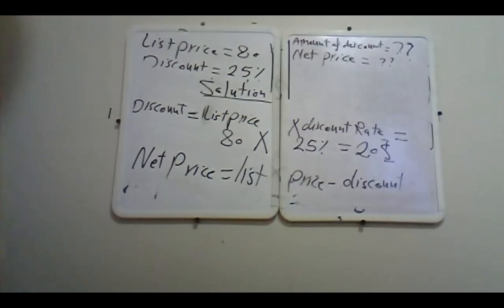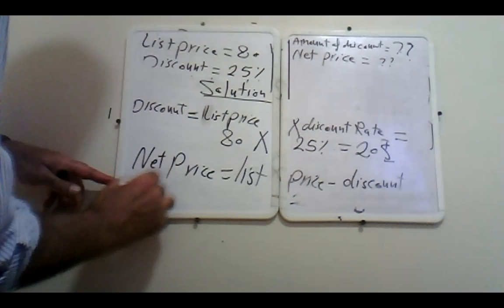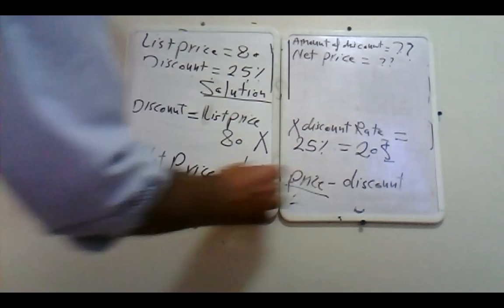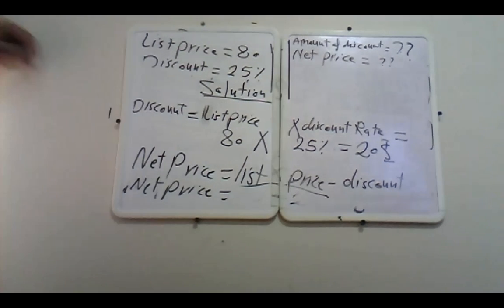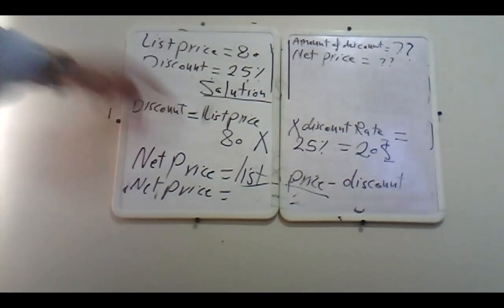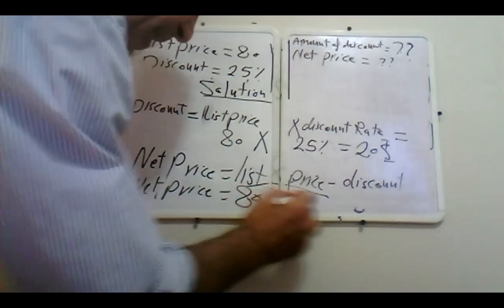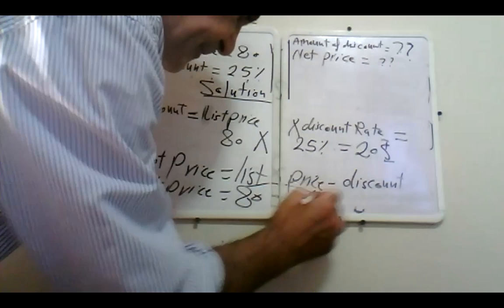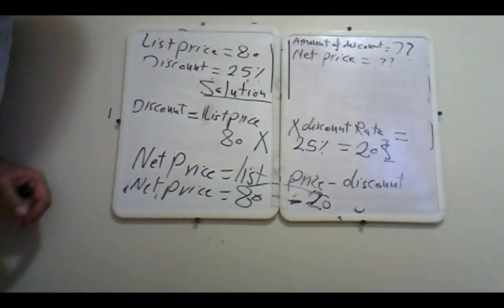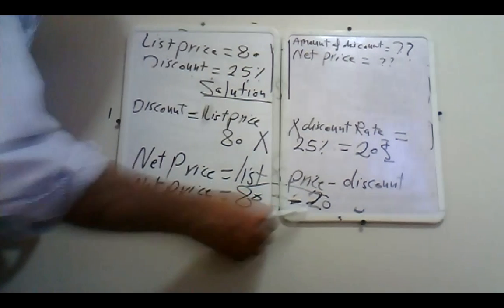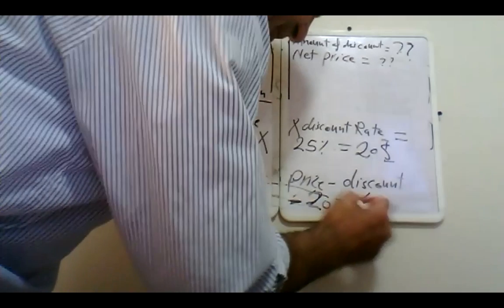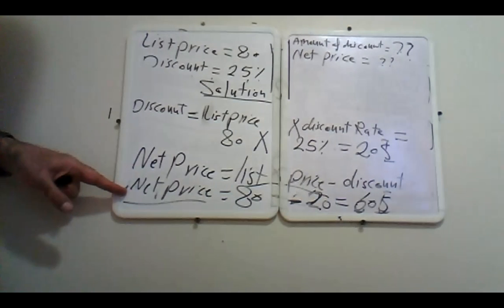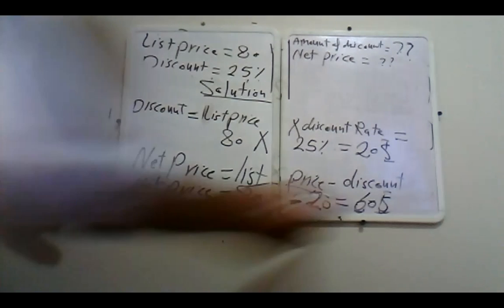So the net price will equal, what about the list price? The list price is $80, minus the discount, which is $20. That will make 80 minus 20, which gives me $60. So the net price, the price which you really pay, will be $60.